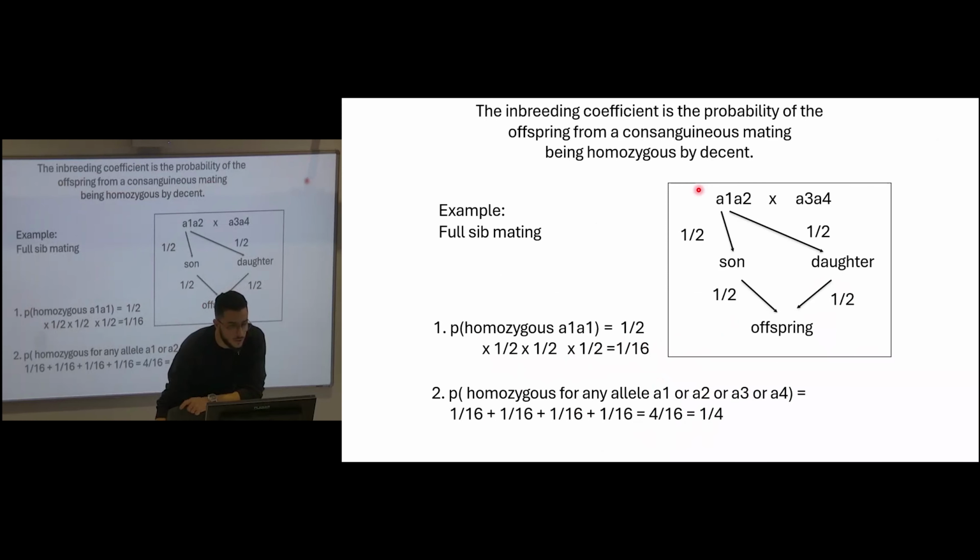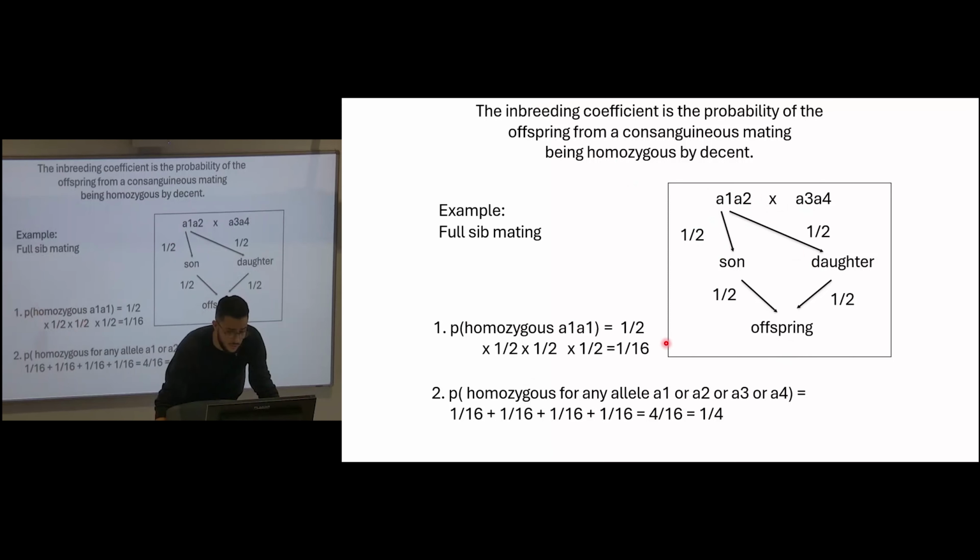So let's take a look at another example where you're looking at full siblings, crazier stuff. In this case, the ratio is even bigger, and there's more chance of getting the disease because you're increasing the chance of getting into the homozygous state. So if we look at this example here, we have these two parents or grandparents that have a son and a daughter. Let's say that A1 is the bad allele.